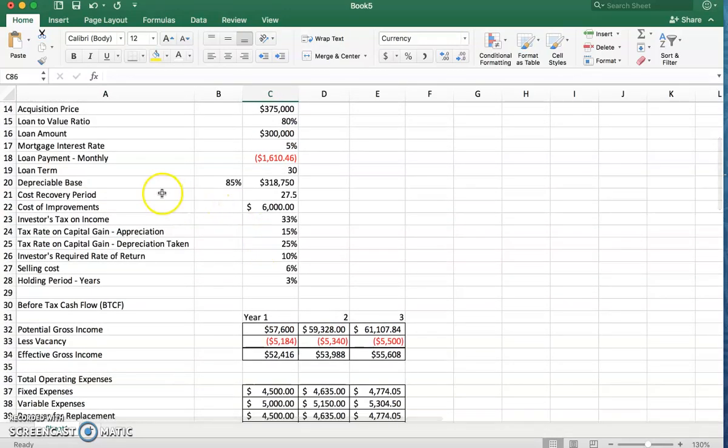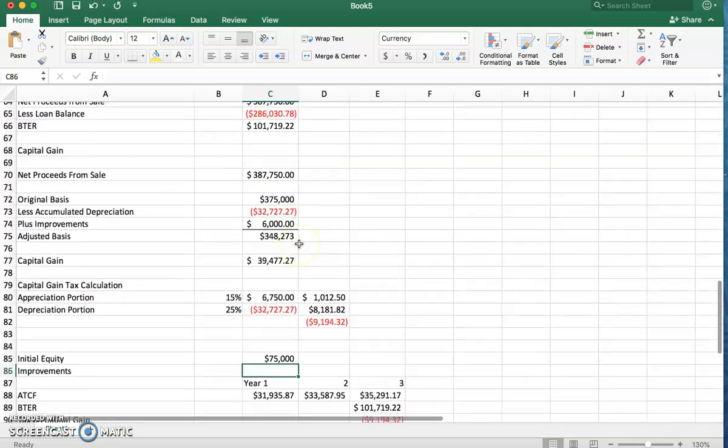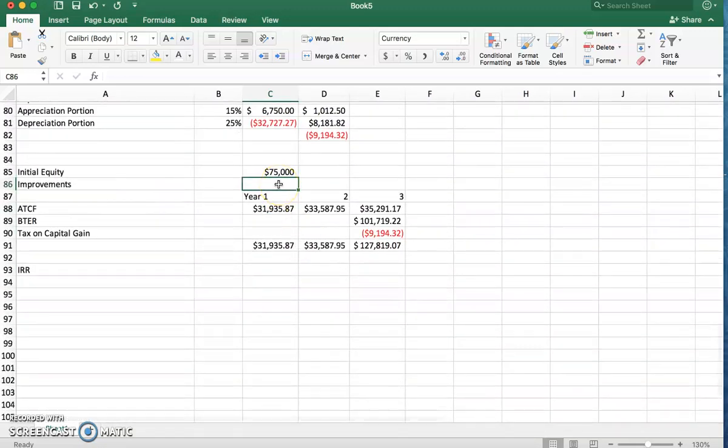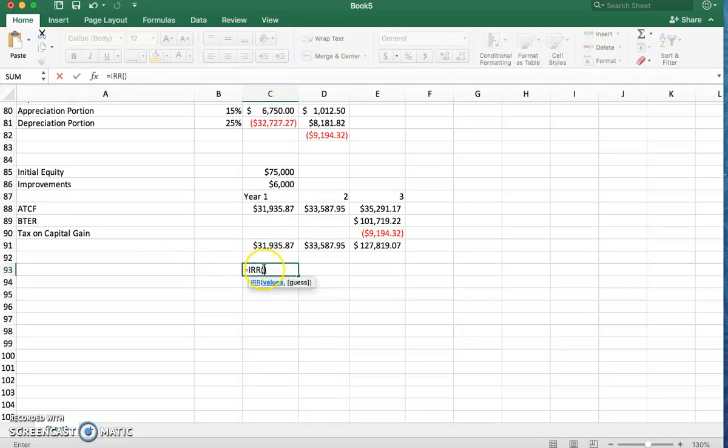Cost of improvement $6,000. So I'm just going to put that in. Now, I guess we do need to know the IRR. So let's do that. Equals IRR.